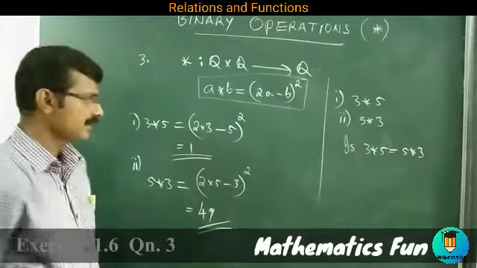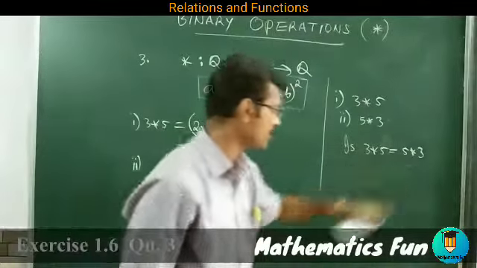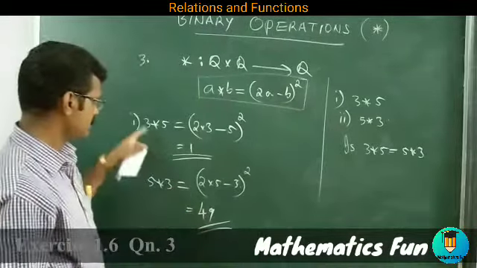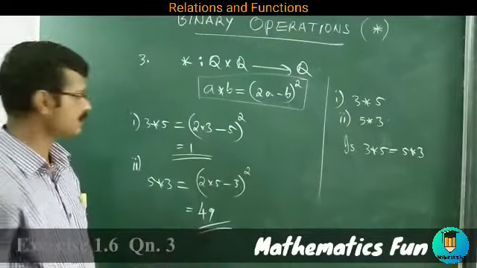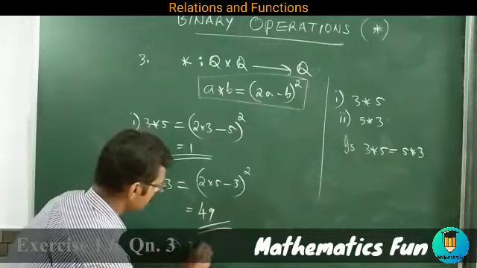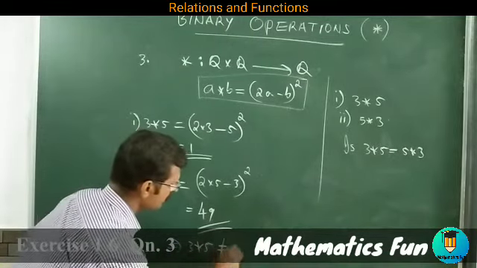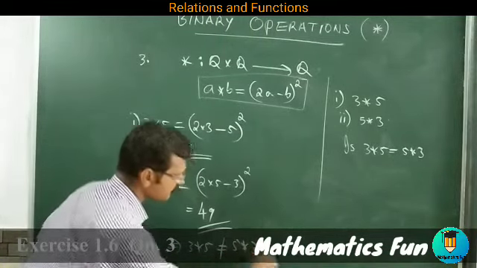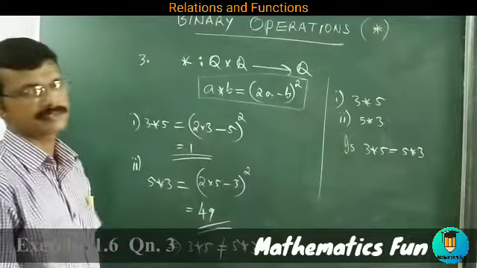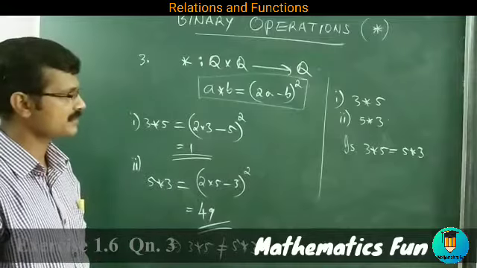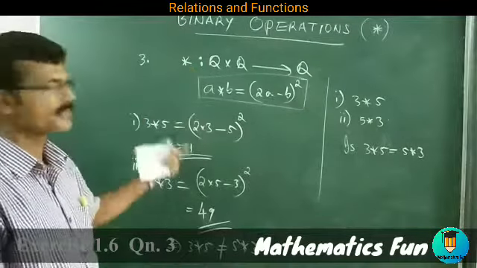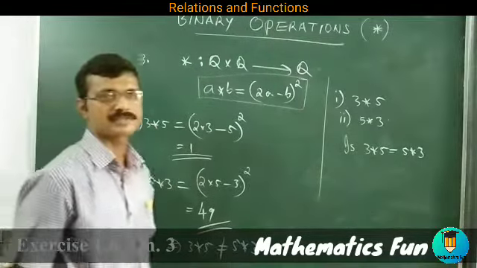Now they are asking whether these two are equal. 3 star 5 is 1, 5 star 3 is 49, so they are not equal. This implies 3 star 5 is not equal to 5 star 3. This can be asked like a 2 marks question for the board exam. It's a very simple question. This is one type of sums.